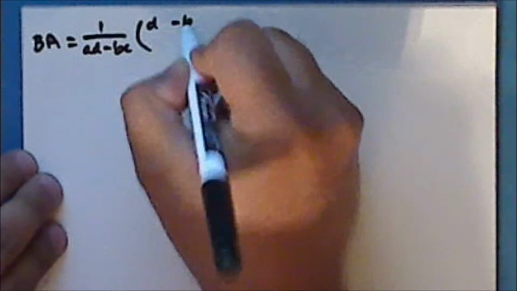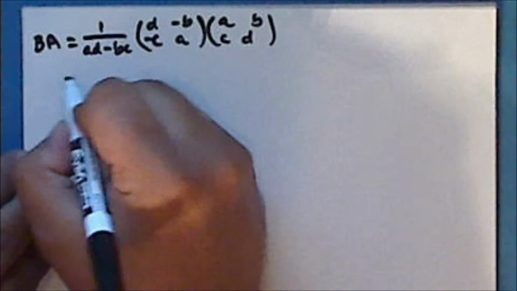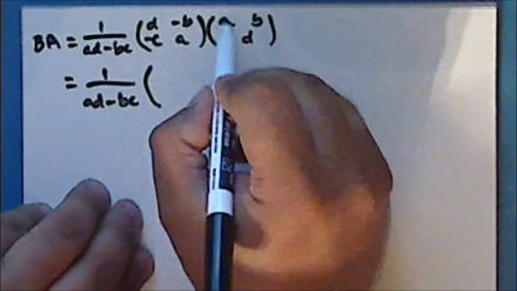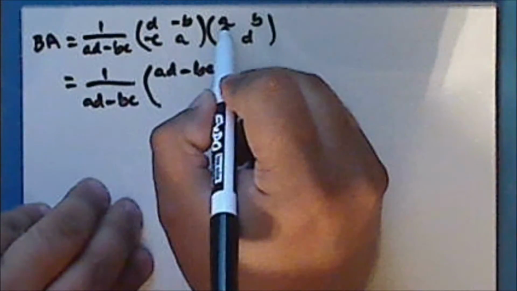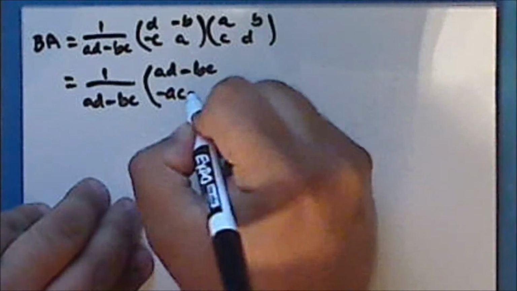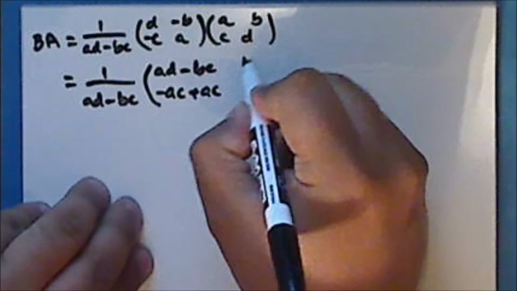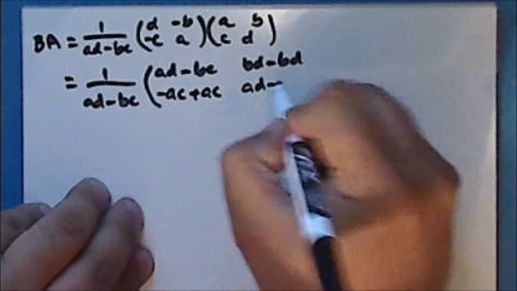So next we compute the product B times A. So we have the matrix B times the matrix A. And this is 1 over a times d minus b times c, times the matrix with columns a times d minus b times c, negative c times a plus a times c, or negative a times c plus a times c, d times b minus b times d, or b times d minus b times d, and negative c times b plus a times d, or a times d minus b times c.